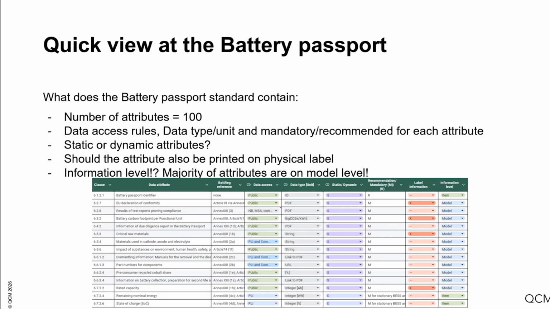But the majority of the attributes are actually, in this case, on the model level. So you find that information once for the model, and then you have the same data in all the DPPs, even though there is a single DPP on each item. And that makes a huge difference in how hard it is to collect that data.